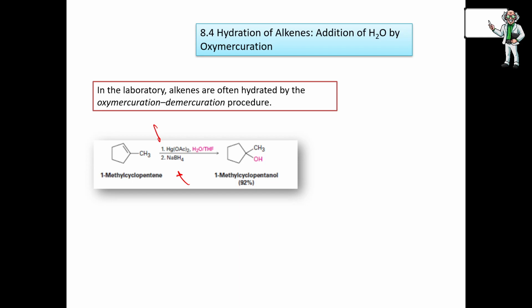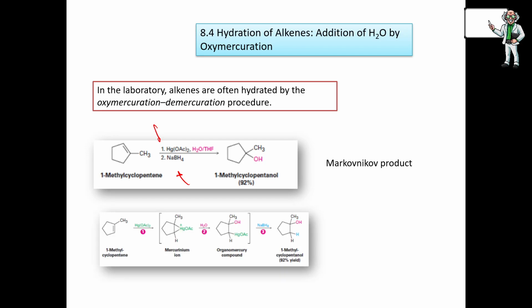Why is this? Well, when we are doing the mercuration, first of all, we form something very similar to the bromonium ion. The mercury is forming a three-membered ring with the two carbons of the double bond, forming this mercurinium ion.